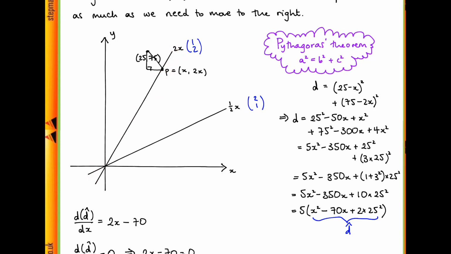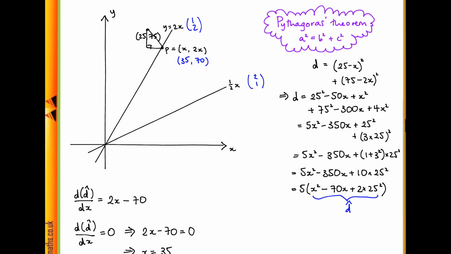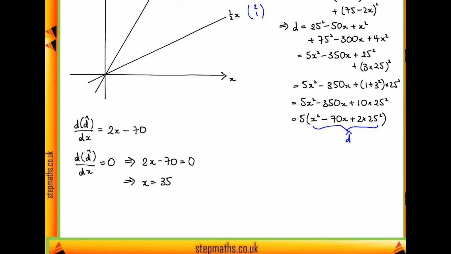And because we're on this line, y equals 2x, then we know that the y coordinate of the point must be 70. So we have a distance that's minimized at the point (35, 70), and now we just need to find that distance.